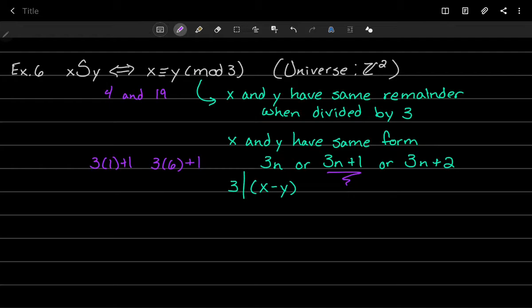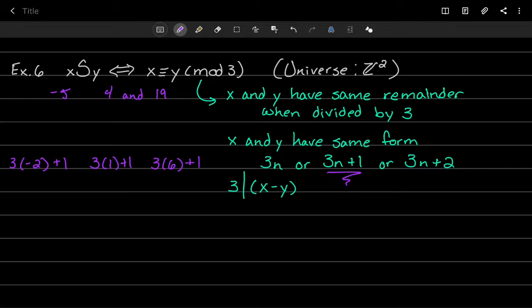This even works for negative numbers. For example, negative 5. It's weird when you think remainder, but negative 5 is of the form 3 times negative 2 plus 1. So it would also be congruent to these modulo 3. All right. Now let's look at this last meaning, the one we're going to use.